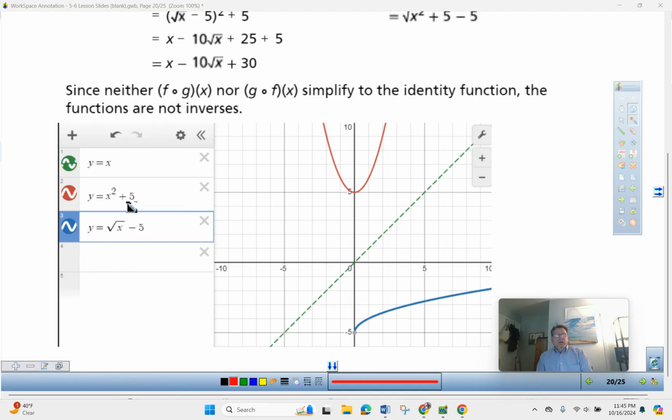So here is the red one, the original, and here in blue is the other function, right? Now, if you fold that along the green dotted line there, that y equals x, they're not going to be symmetrical, are they? So they are not inverses.